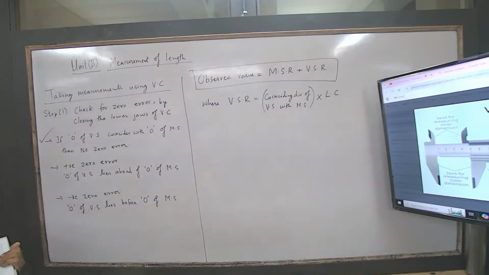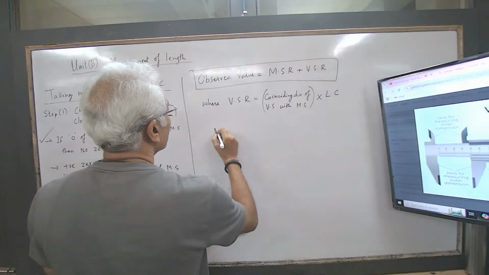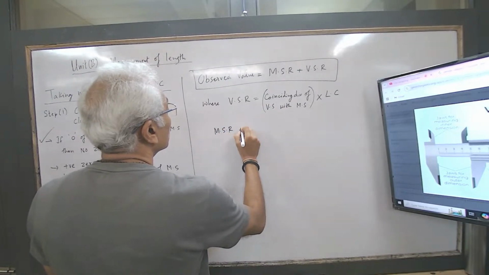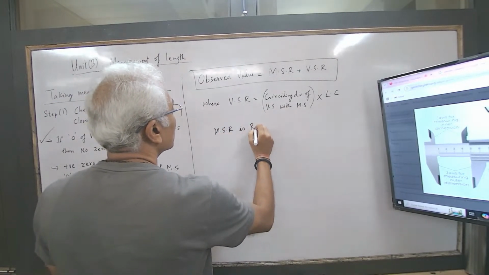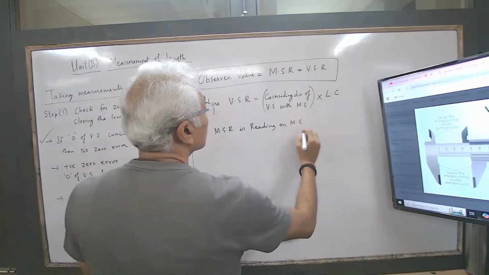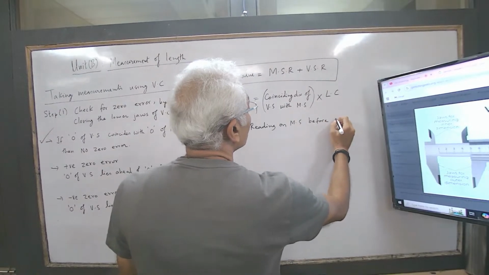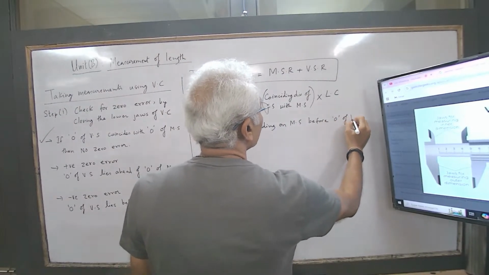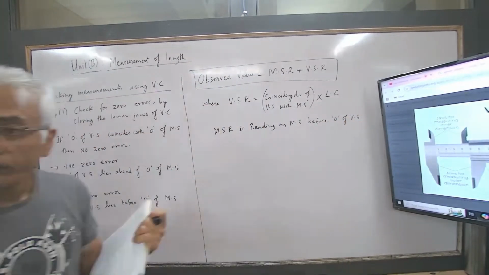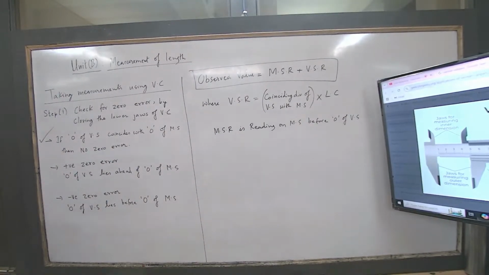What is MSR? So MSR is the reading on main scale before zero of vernier scale. So we got the MSR. Just the reading on the main scale before the zero.